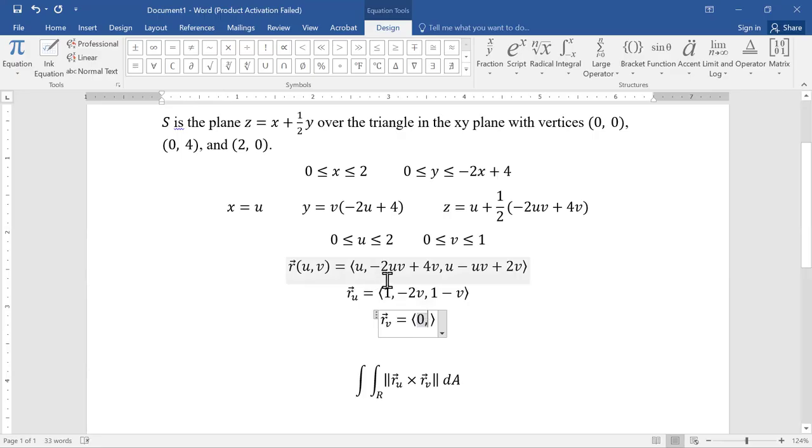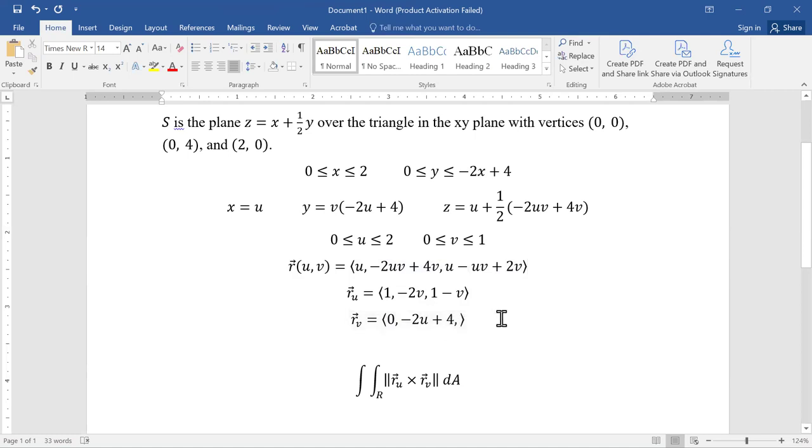The derivative of negative 2uv with respect to v, that is negative 2u. The derivative of 4v with respect to v is 4. And then if I take the derivative of the z component with respect to v, this becomes 0, this becomes negative u, this becomes 2.